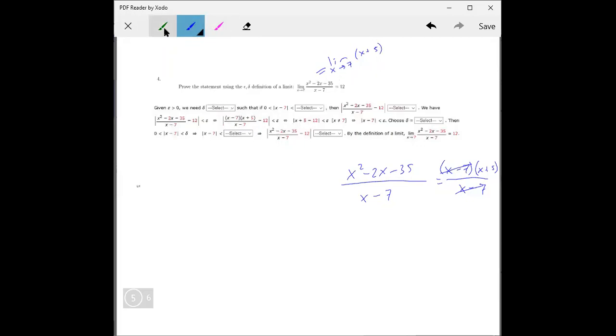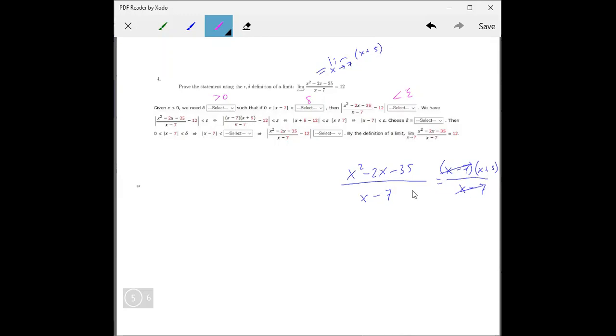Okay, so let's go through the proof. We need a delta greater than 0, such that if this is less than delta, then all this is less than epsilon. So this is less than epsilon if and only if this is less than epsilon.